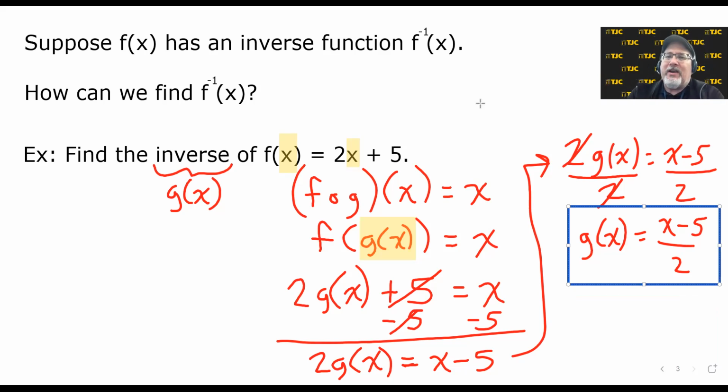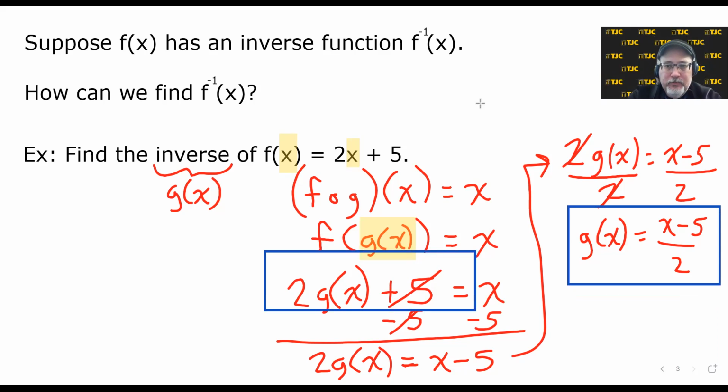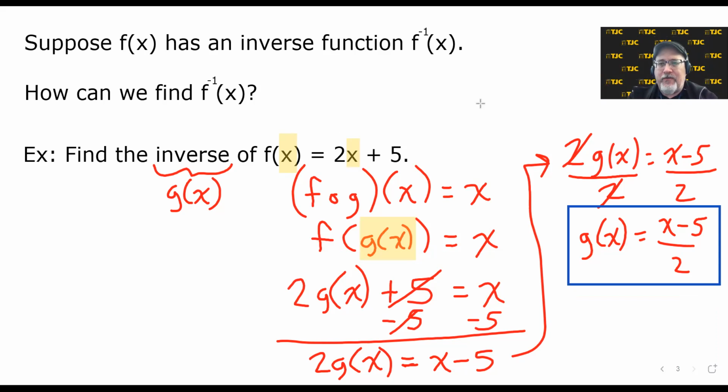But more importantly, we've kind of developed a technique that got us there. Let's pick it up from here. If you think about it, all we did was solve for this guy. Yeah, we called it g of x, but the motions that we did were the same as if we were solving for x in the original function.